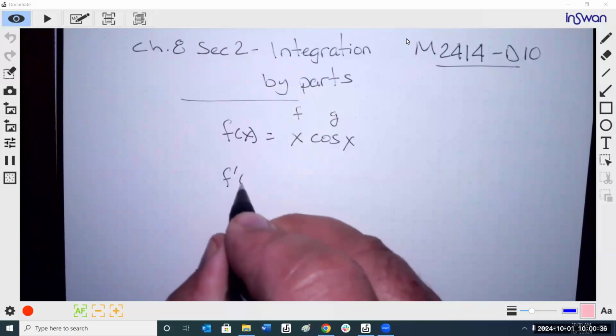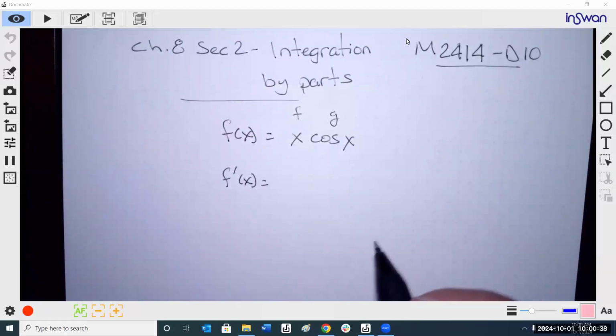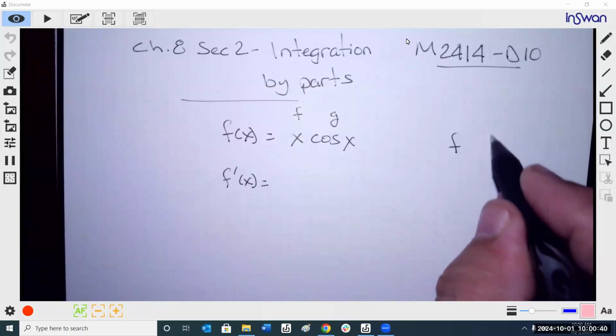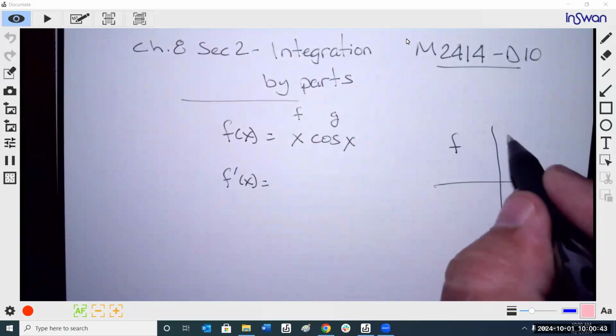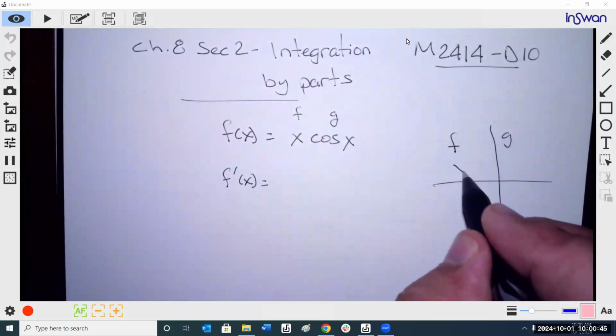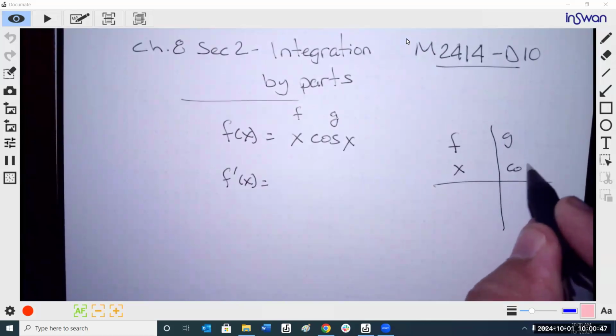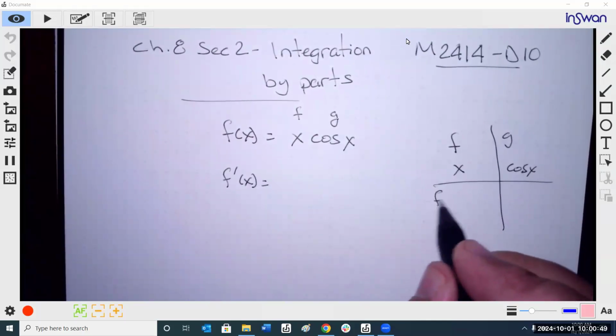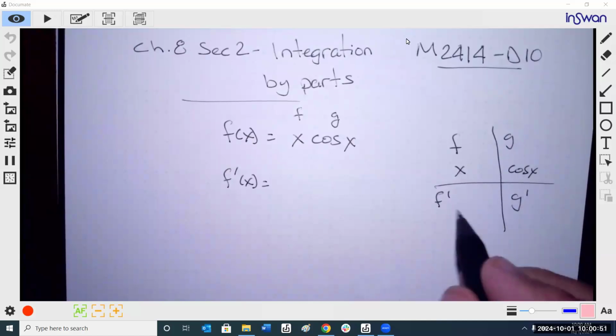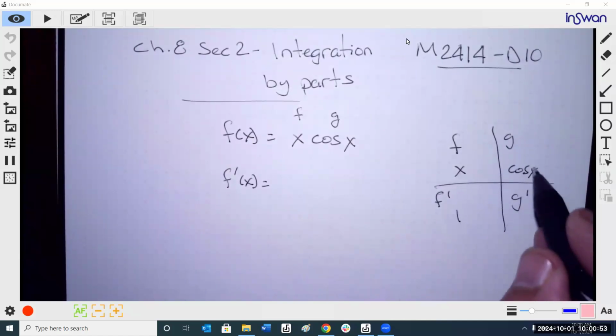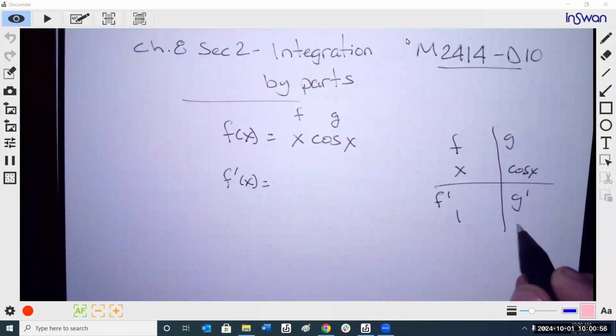So if we're going to look at the derivative of this, f is x, and g is cosine. The derivatives of both: derivative of x is 1, derivative of cosine is negative sine.